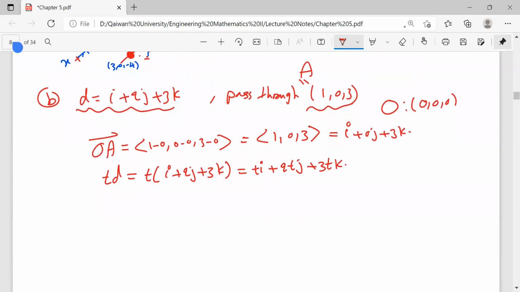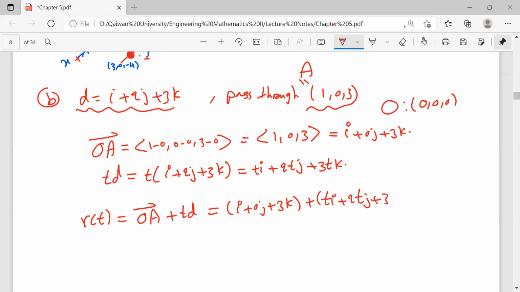Then we say r of t is the vector valued function which represents the equation of the straight line. It equals OA plus t times D. We found these both. OA is i plus 0j plus 3k, plus t times D, which is ti plus 2tj plus 3tk.